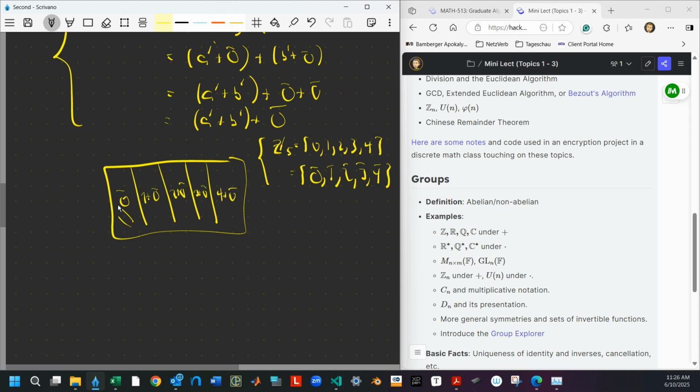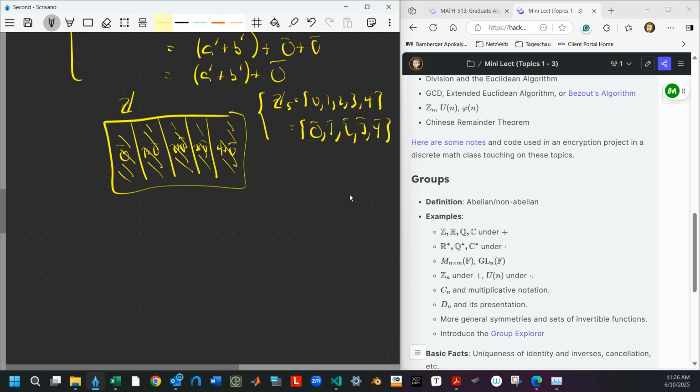So I get these classes of things. These are all the elements of Z with remainder 0, all the elements with remainder 1, all the elements with remainder 2. That's another way of doing this. This is all of Z. And now we've actually defined an algebra on these. We've defined a way of adding these and multiplying these, and so we get an addition and multiplication table.